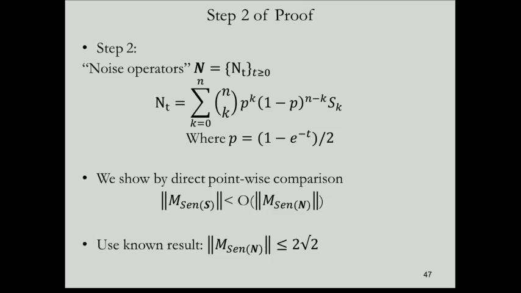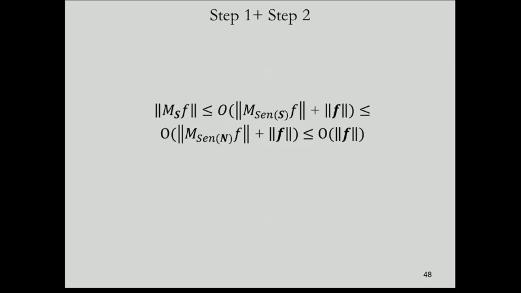And after that, our life is easy, because these things were known, and we know that the maximal operator of this type of noise operators, or any semigroup in fact, is bounded. In fact, every p norm is bounded, but for the 2 norm we get 2 root 2. Okay, so what's the average for capital N? You integrate over t? Yes, I think I have it explicitly later, but yes.